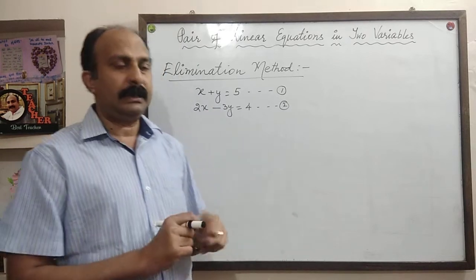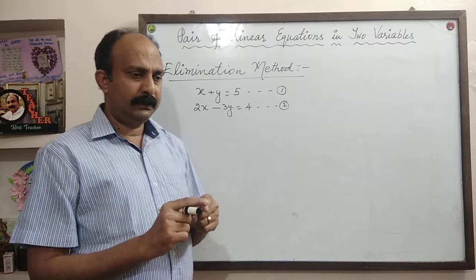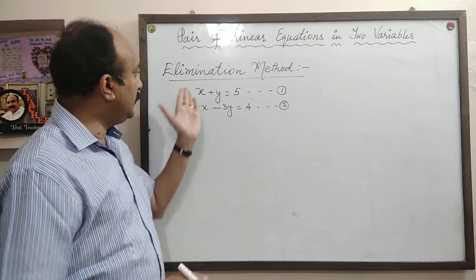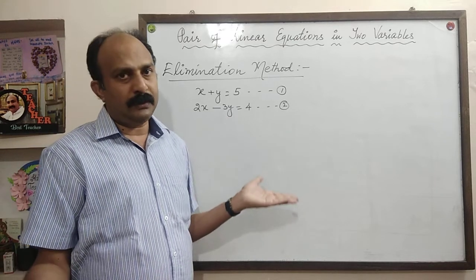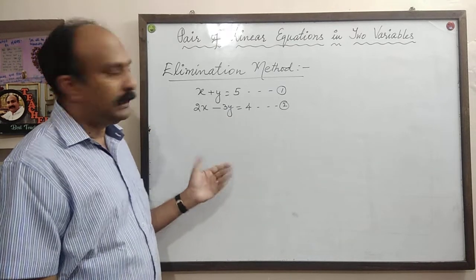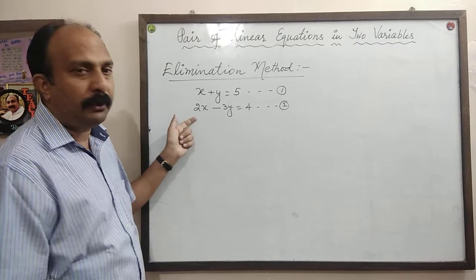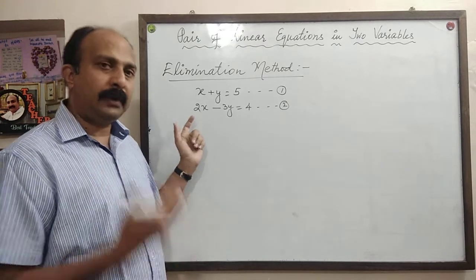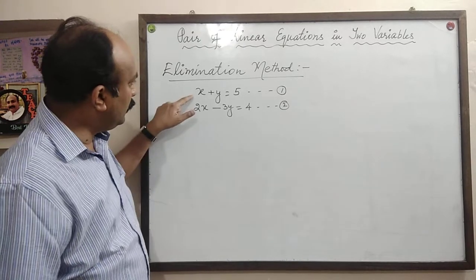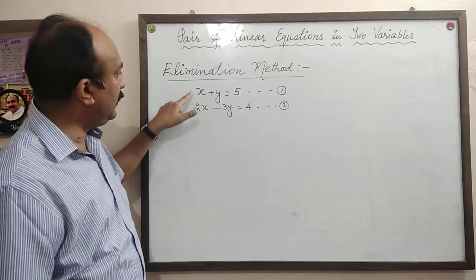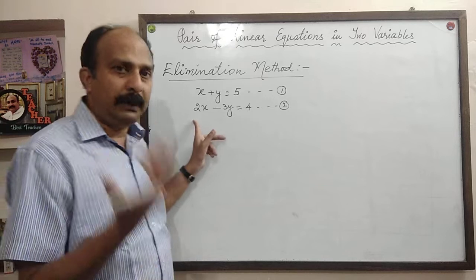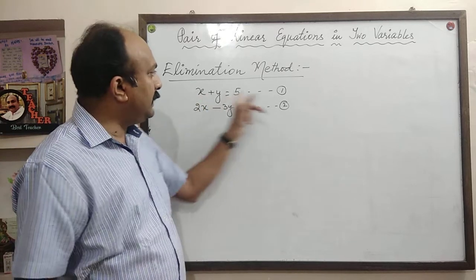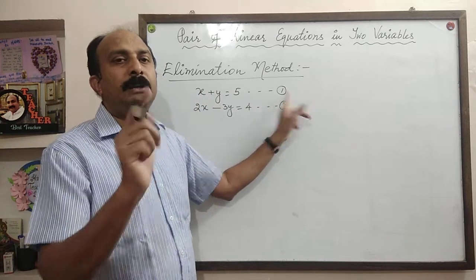So the first thing is to make the coefficient equal, either x coefficient or y coefficient. The option is yours. I am going to make the x coefficient of both the equations equal. How can I do it? You know that here it is 2, here it is 1. How can we make 1 into 2? Multiplied by 2. So we will multiply the whole equation 1 by 2.